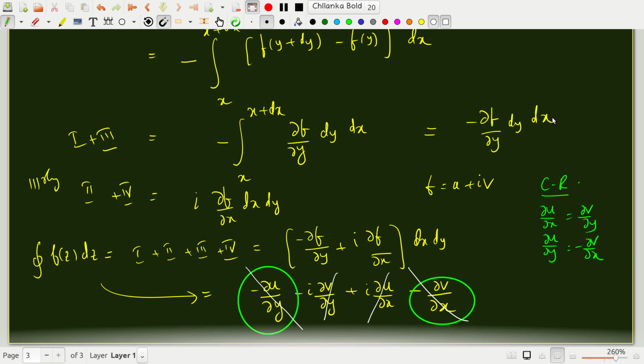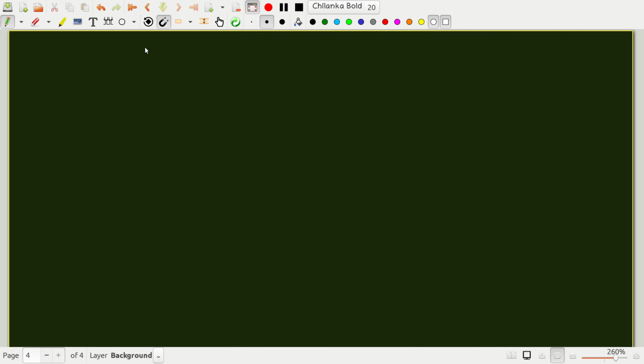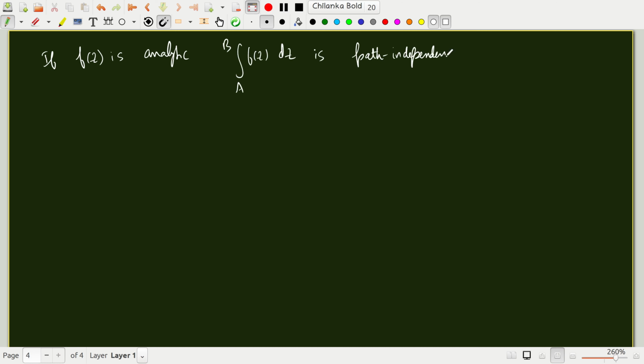Now I just need to say a couple of more things about this integral. One important thing is that this also has a corollary. If f of z is analytic, then integral of f of z dz between any 2 points a and b is path independent. What does it mean?